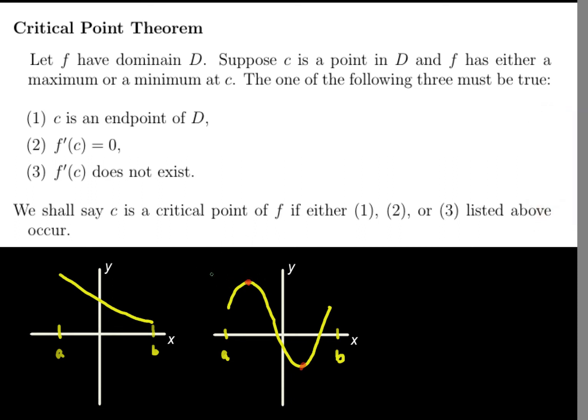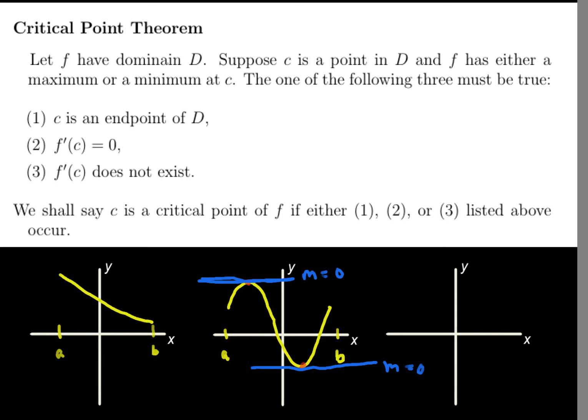Well, the slope is going to be as straight as it could be, a straight line, right? So the slope here would be 0. Similarly, down here at our minimum value, the slope of our curve is going to be 0 as well. So in both scenarios, since the slope of the curve is 0, our derivative would be 0. So that's case 2.